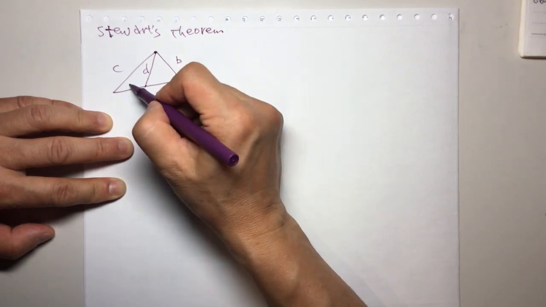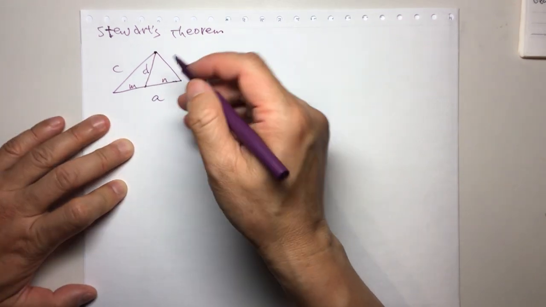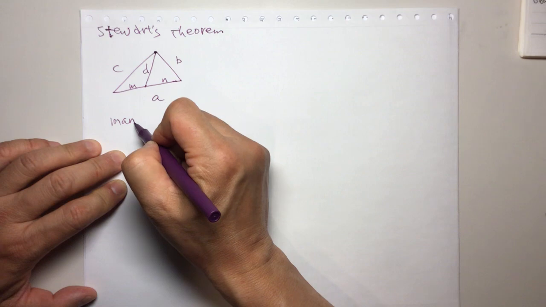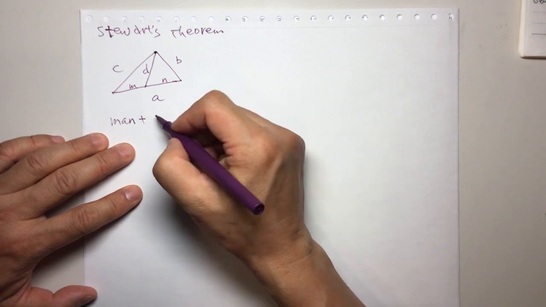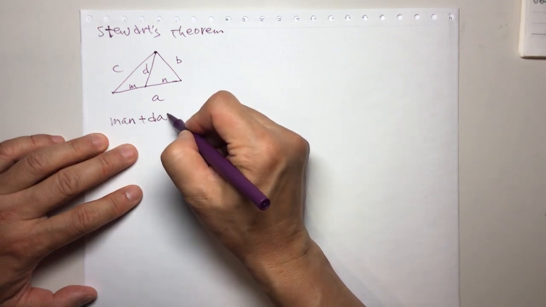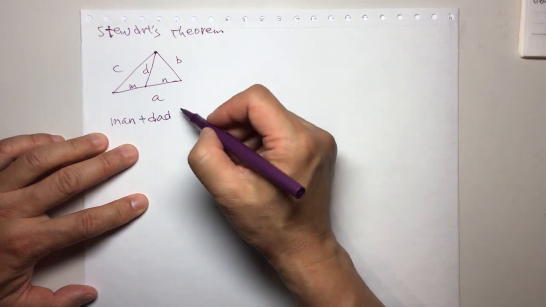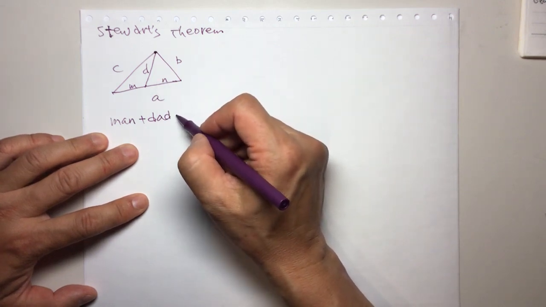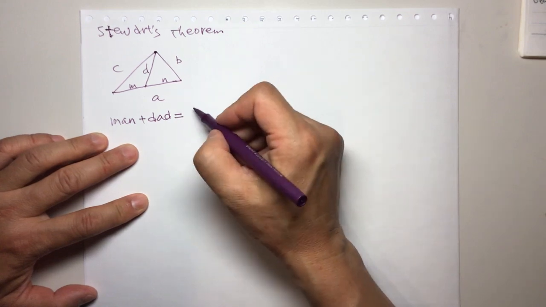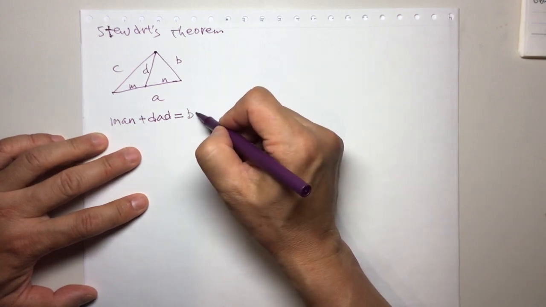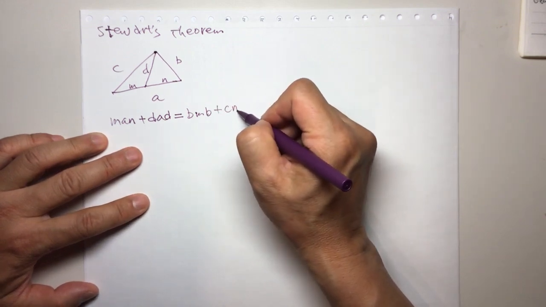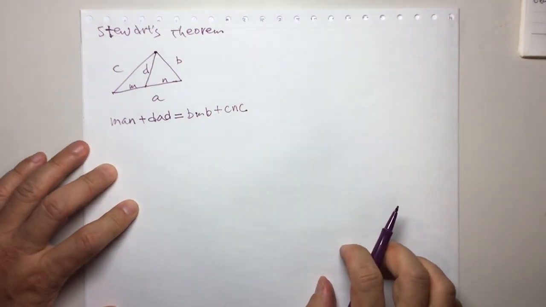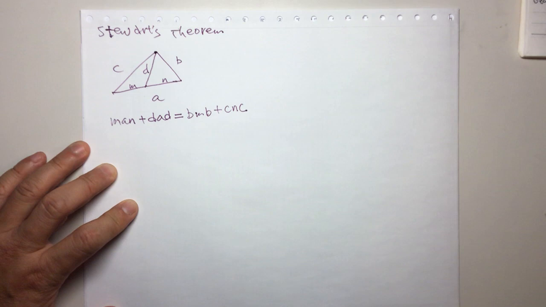Call it D, with segments M and N. MAN, it means M times A times N, and DAD, it means A times D squared, equals B squared times M plus C squared times N. So this is the formula for any triangle.